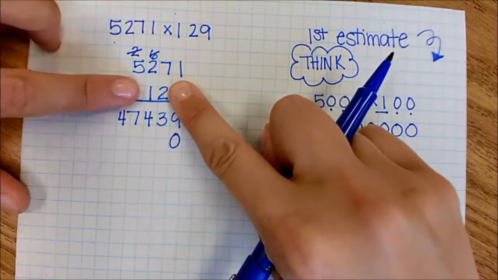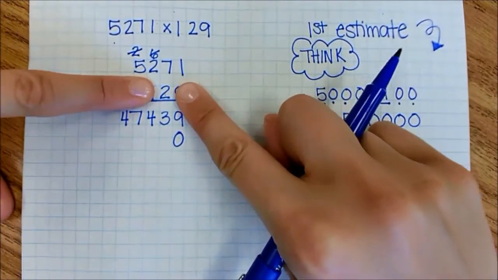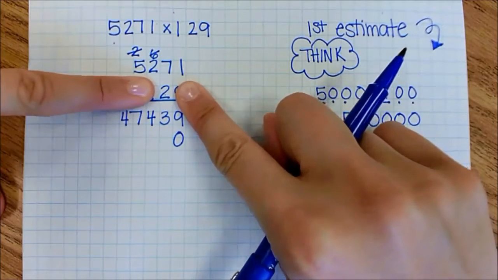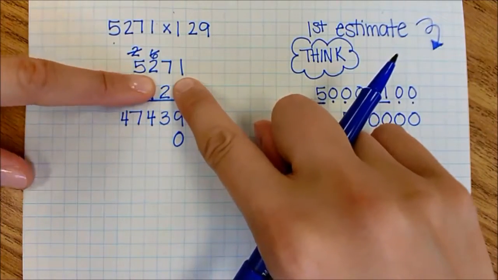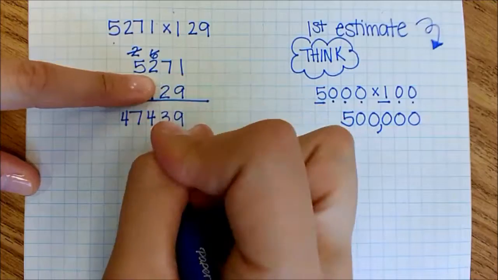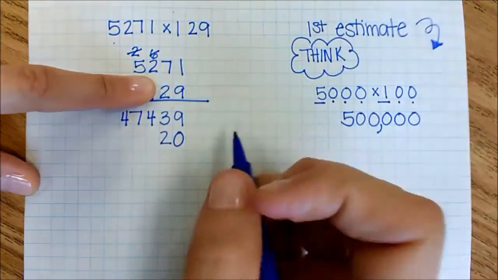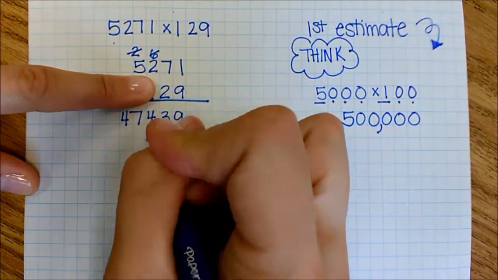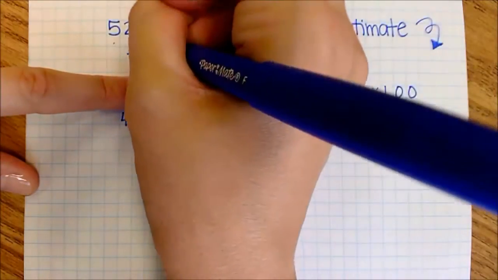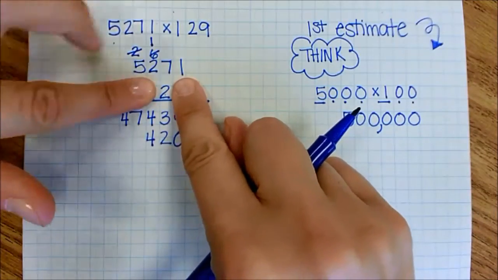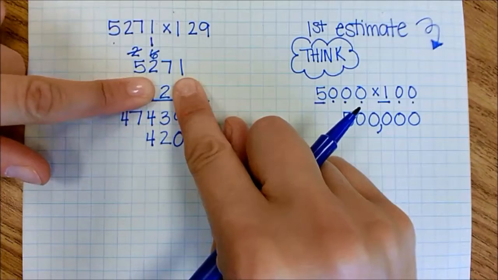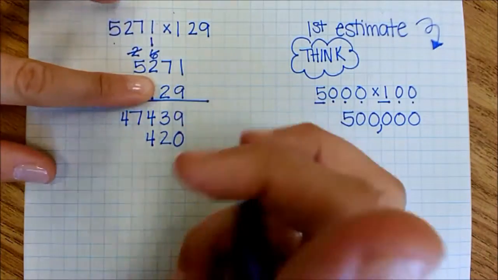Now I'm going to cover up the 9 and the 1 because all I want to focus on is this 2 and do the same thing. 2 times 1 is 2. 2 times 7 is 14. Put my 4 below, lining my numbers up, and carrying my 1. 2 times 2 is 4, plus 1 is 5.